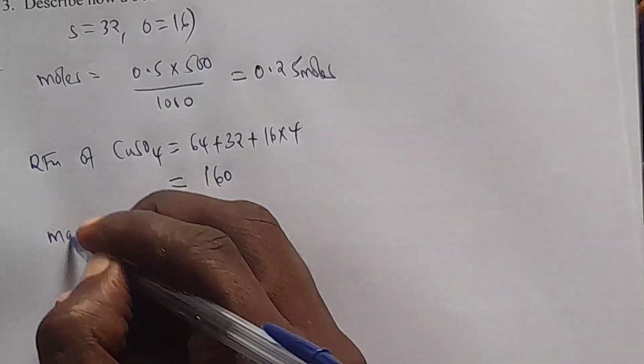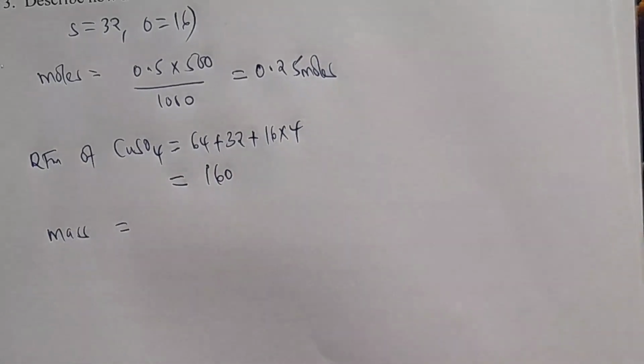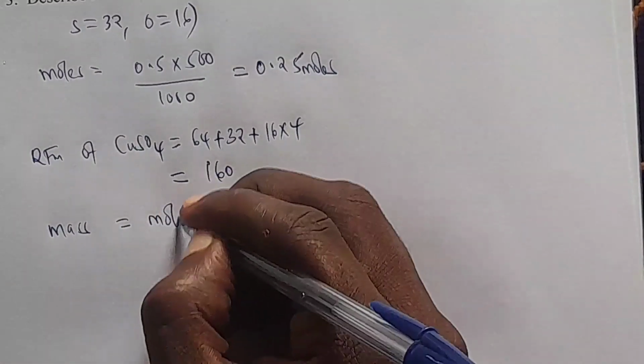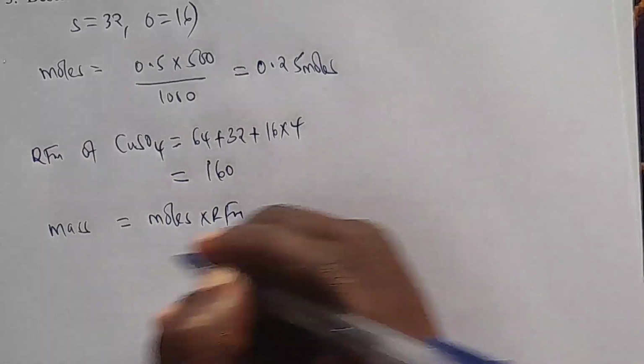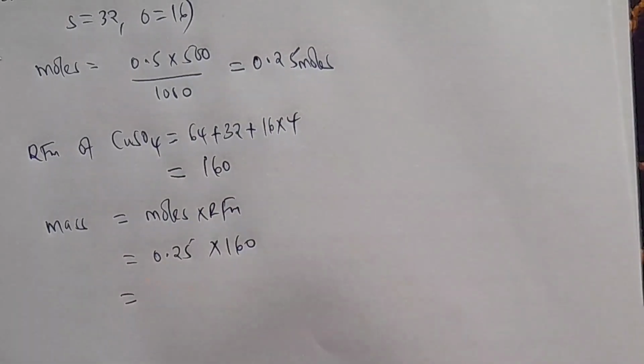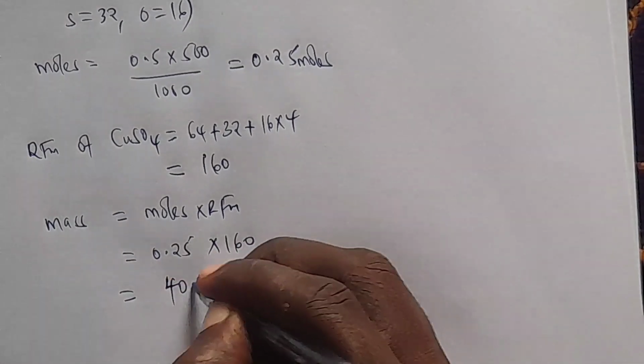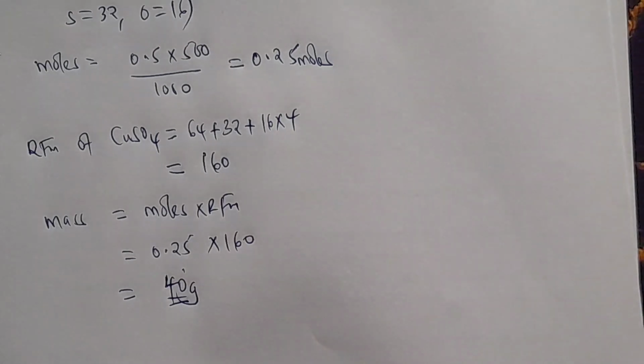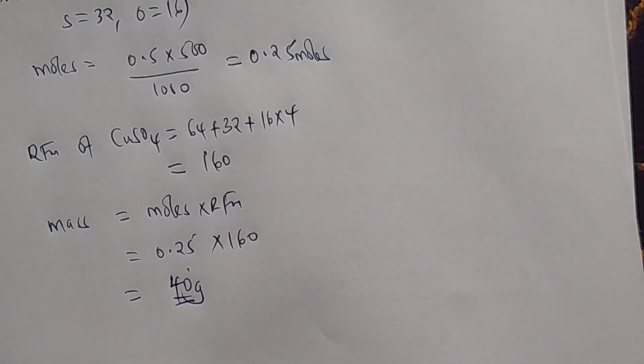So how do you get mass? Mass is given by moles times RFM. So my moles is 0.25 times 160. We are going to get 40 grams. So if we are having 40 grams, the procedure is as usual.